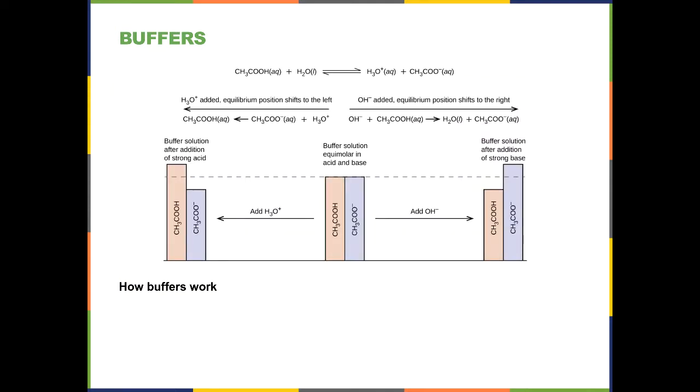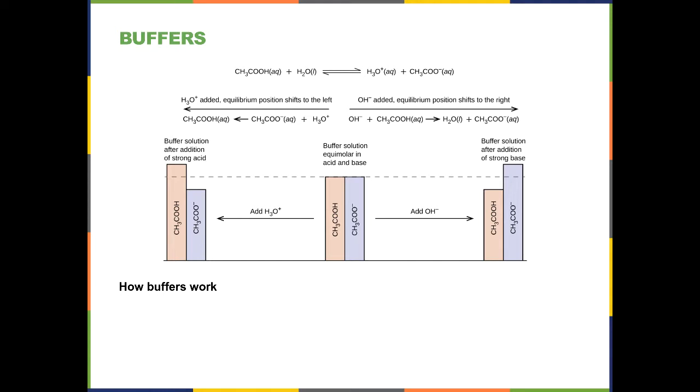So here's how buffers work. You're starting out with the situation in the middle. You have a weak acid, which is, in this case, acetic acid, and its conjugate base, which is the acetate ion. If you add hydronium ion, the reaction shifts, as it's shown, to the left.